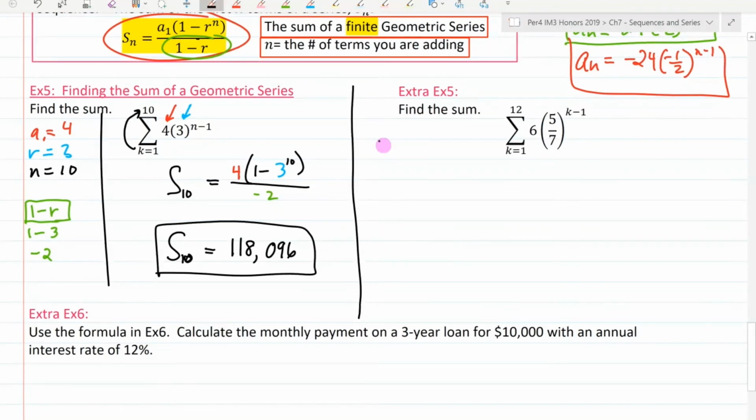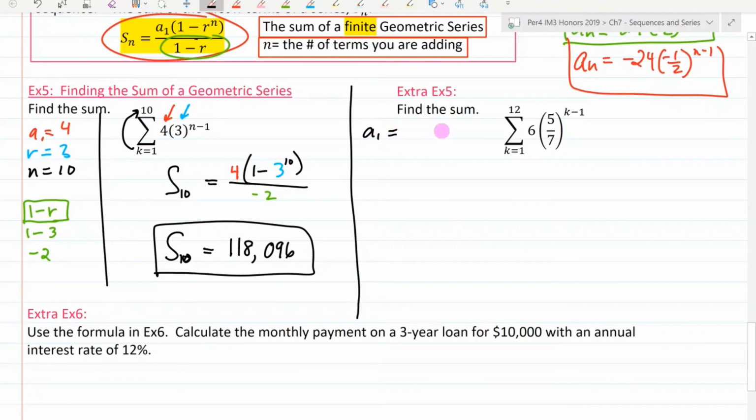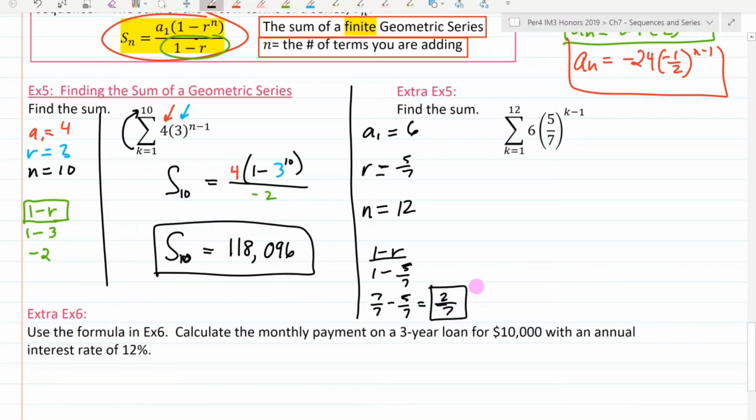So here we go. A1 is 6, R is 5/7, N is equal to 12, and 1 minus R is 1 minus 5/7, which is the same thing as 7/7 minus 5/7. So that's 2/7. So if I'm going to add the first 12 terms, we're going to divide by 2/7.